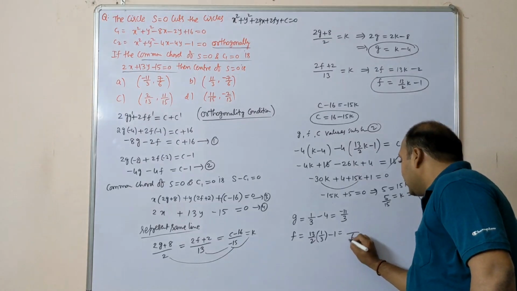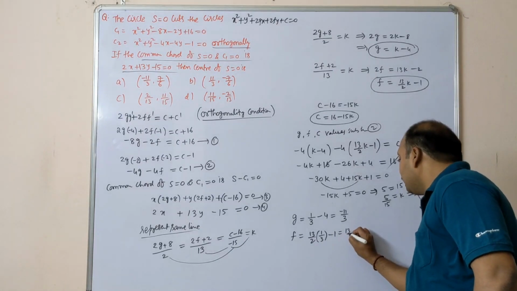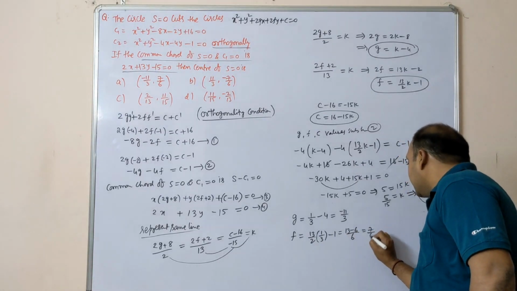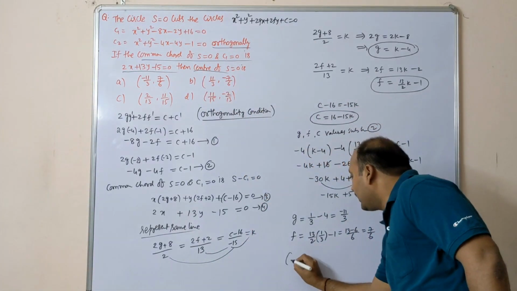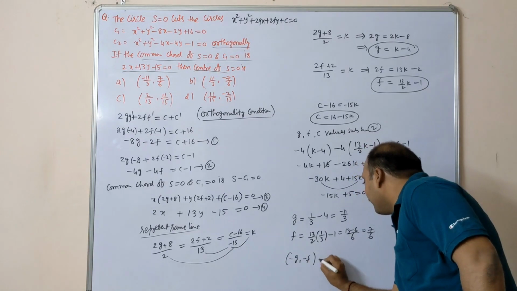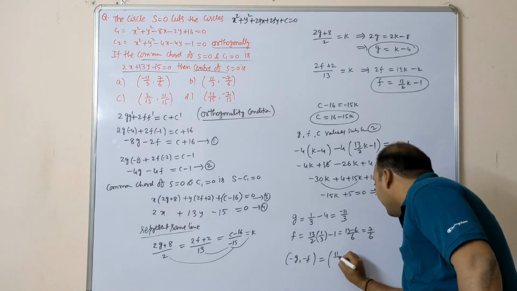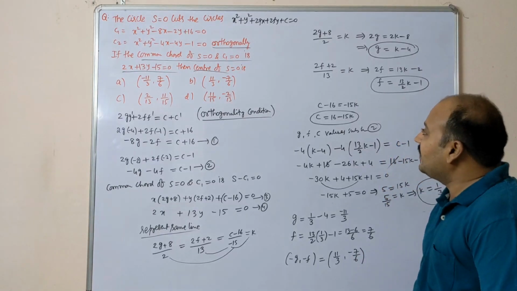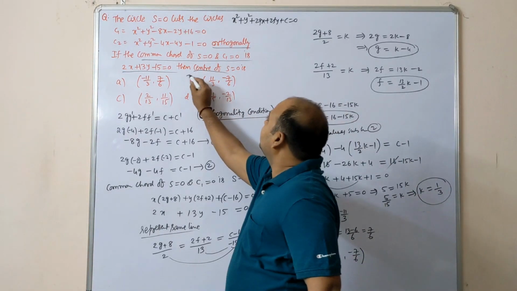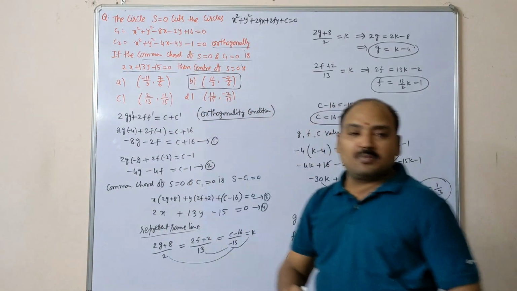So with LCM 6, 13 minus 6, so 7 by 6. But they are asking for the center of this circle. So minus g, minus f is the center. So minus of minus 11 by 3 comma minus 7 by 6. So 11 by 3, minus 7 by 6, which is there in the second option.